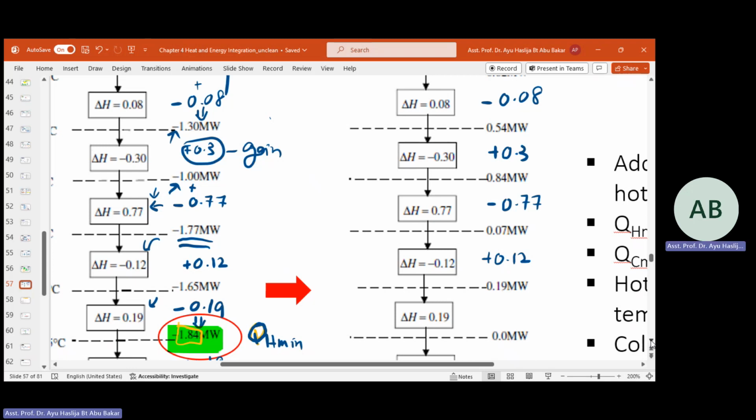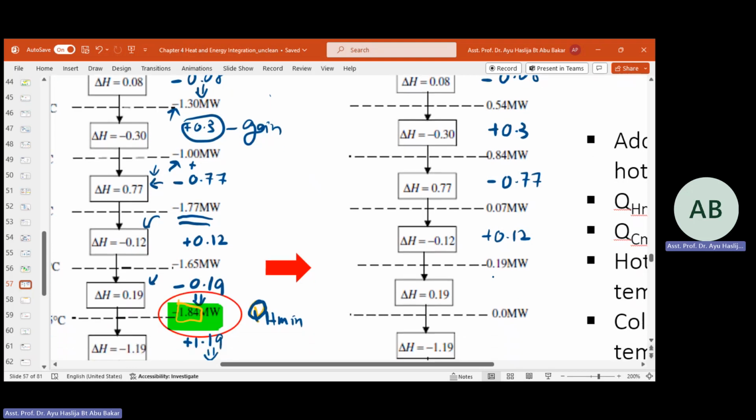Second cascade, your objective is to find the heat accumulation until 0. So you must find until you get 0. This 0 point is your pinch point.